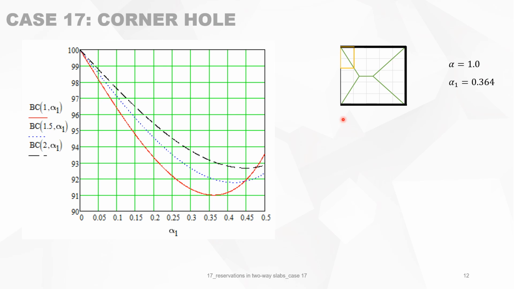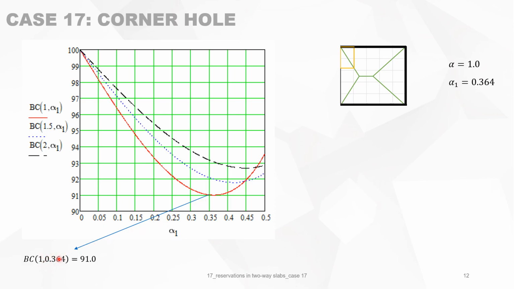For instance, to visualize it, this is the slab where alpha is 1, so it's a square, and alpha 1, this element is 0.364 times the size of the square. And that means that we are on the red curve.